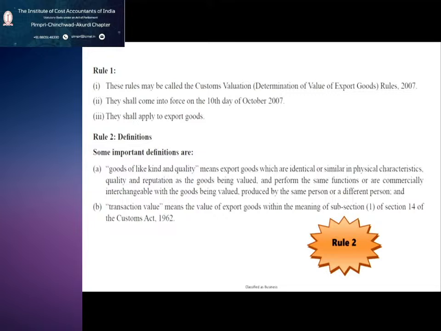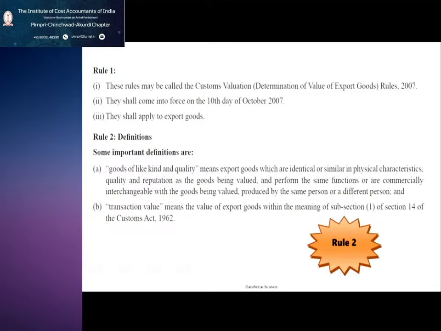So what exactly is identical or similar in physical characteristics? If you look into the subsequent problems where we apply those things, you will get a good understanding of these definitions.